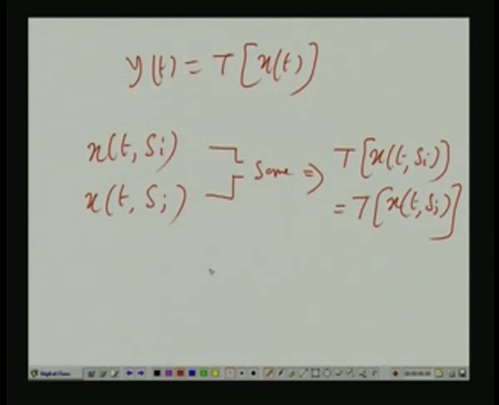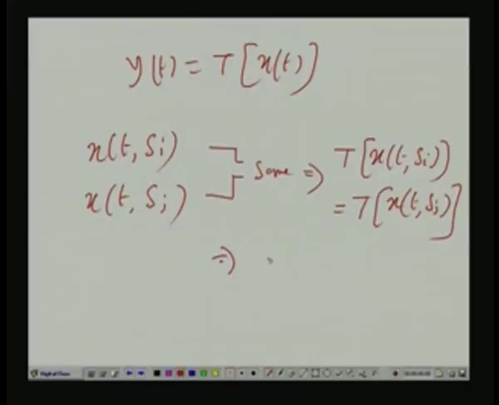So, whether this time you observe a waveform or after some time for another outcome you observe the same waveform, in both cases your output will be the same, because the system only looks at the function as a function of time. It does not look at the particular experimental outcome with which it is associated. If that be so, then it is called a deterministic system.